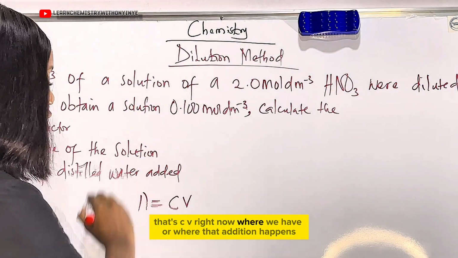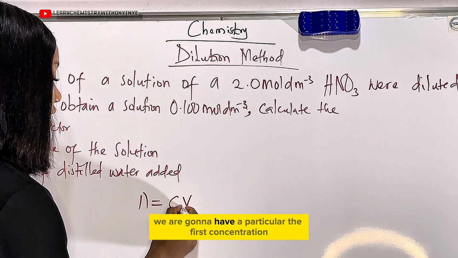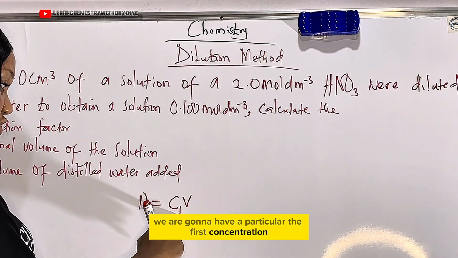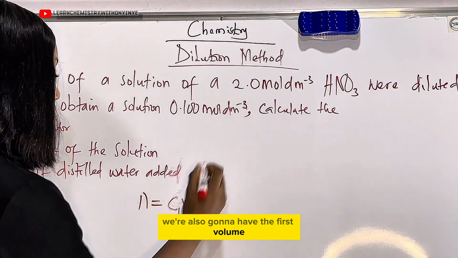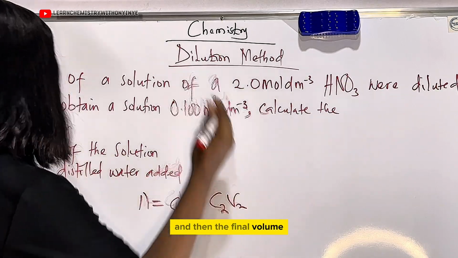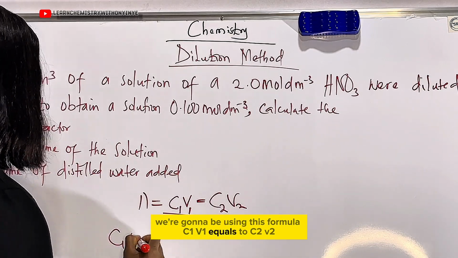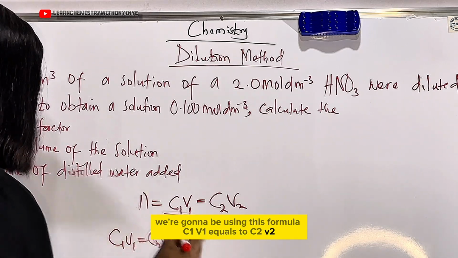Where dilution happens, we are going to have the first concentration and the first volume. We can equate this to the final concentration and the final volume. Hence, for the dilution method, we're going to be using this formula, C1V1 equals C2V2.